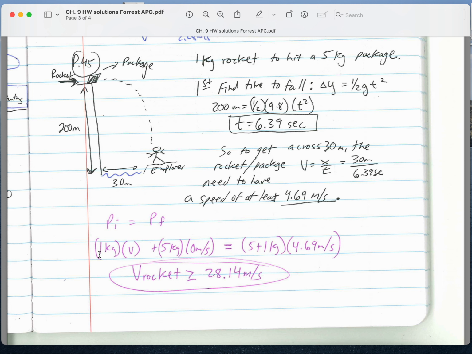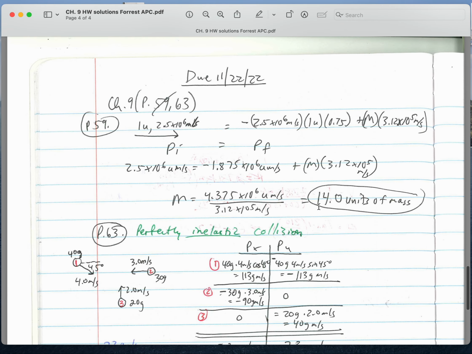And so I've got 1 kilogram times v plus 5 kilograms times 0 meters per second equals 6 kilograms times that final velocity that I needed. That says the rocket's going to be going 6 times faster. 4.69 times 6. So about 28 meters per second would be enough for the rocket to cause the package and rocket combined to go that speed.